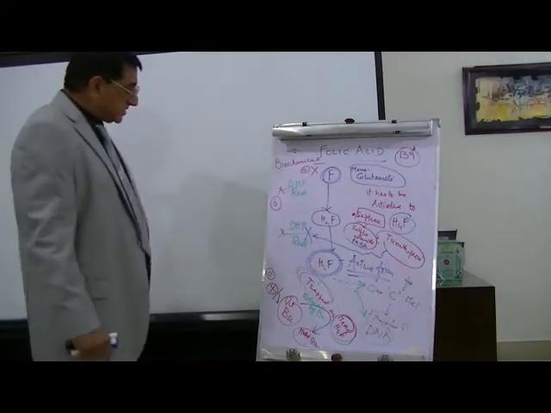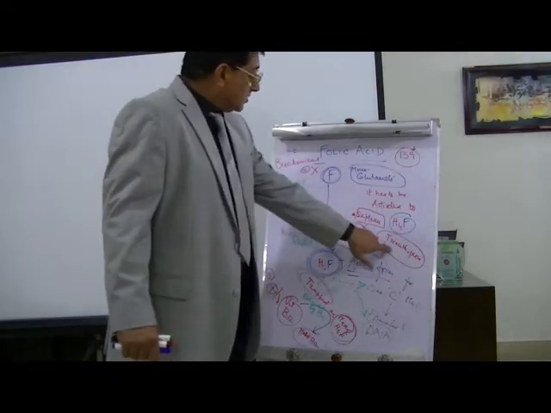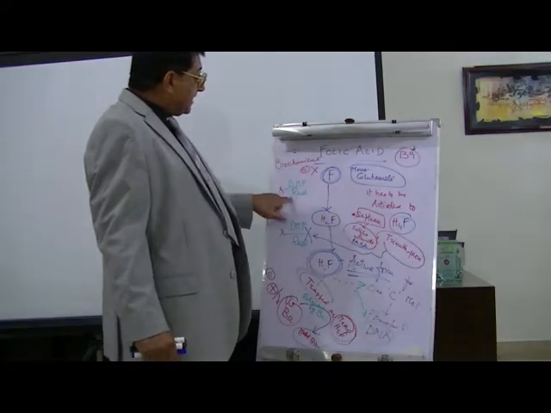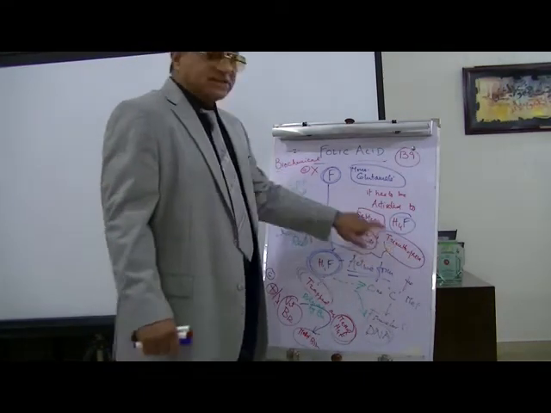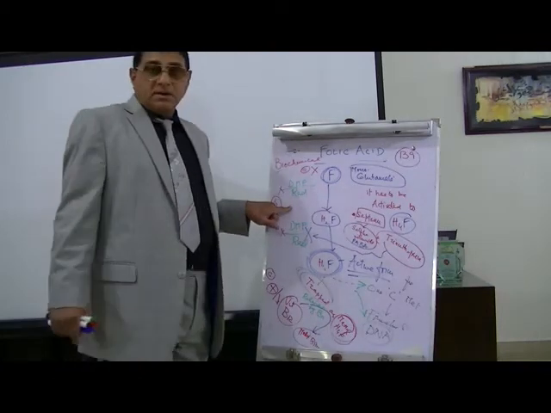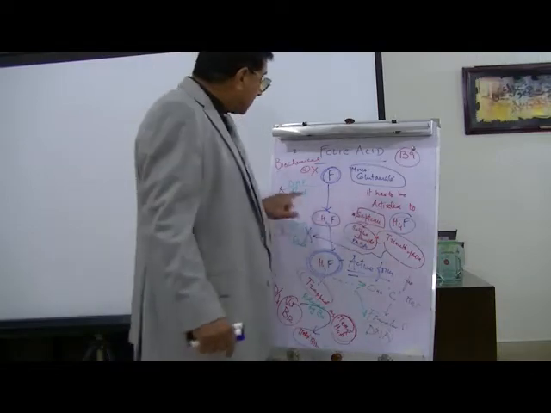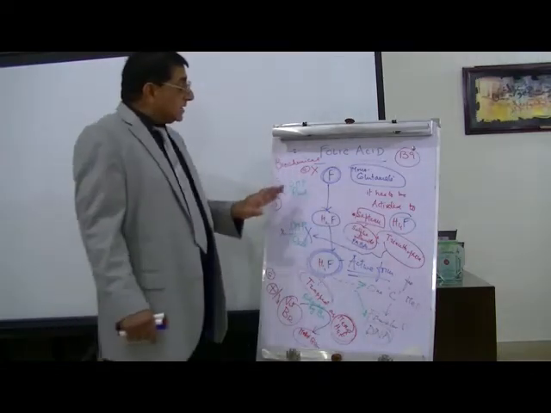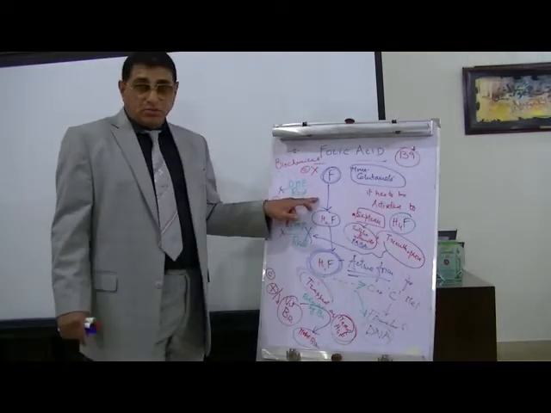The answer is that trimethoprim acts only on bacterial dihydrofolate reductase. Trimethoprim does not act on the human enzyme. It acts only on the bacterial one. And the second thing is that it is only the microorganism that can synthesize folic acid.